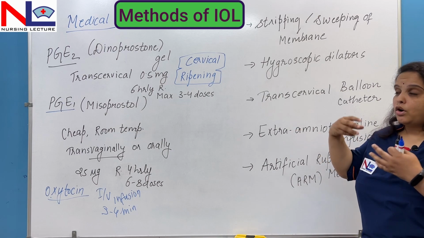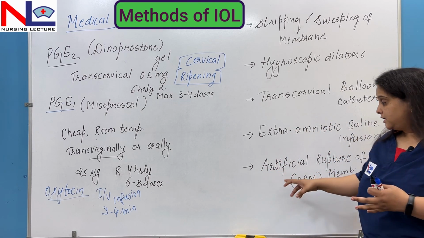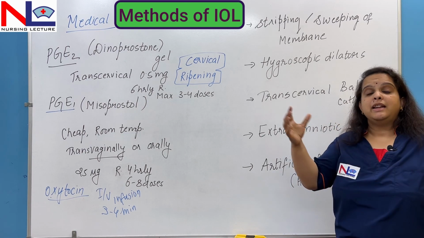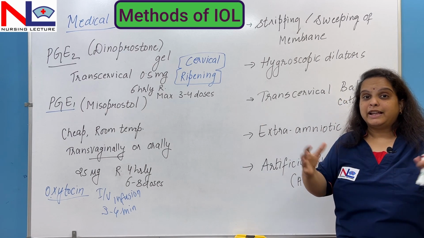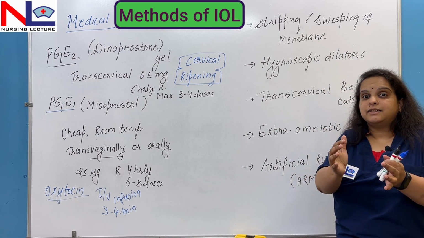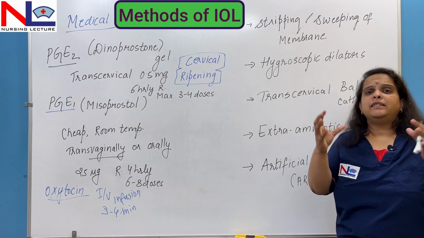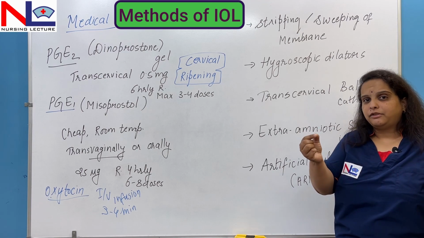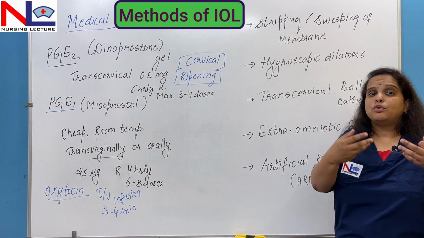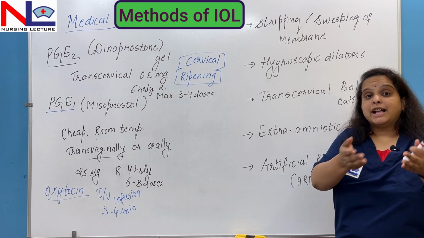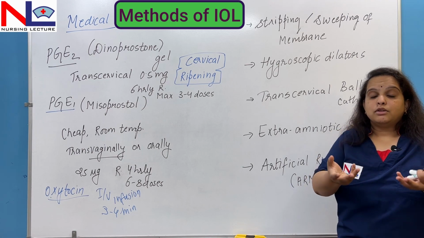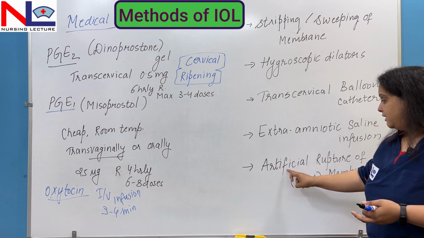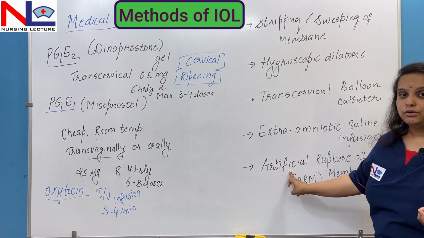So if we want to start the labor process artificially, in such a condition we can rupture the membrane, because if we rupture it, the volume of fluid is reduced, the cavity size decreases, and it stimulates uterine contraction with the decreasing amount of fluid. Along with that, once the membrane is ruptured, prostaglandins are released from the membrane as well as from the decidua, and uterine contraction can be stimulated. So by this technique, we can initiate uterine contraction.